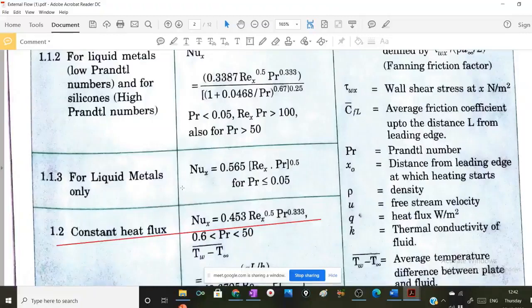All these things will help you converge upon the appropriate correlation for Nusselt number. My final aim is to get the appropriate correlation for Nusselt number to calculate h, and then we will be able to calculate other parameters.